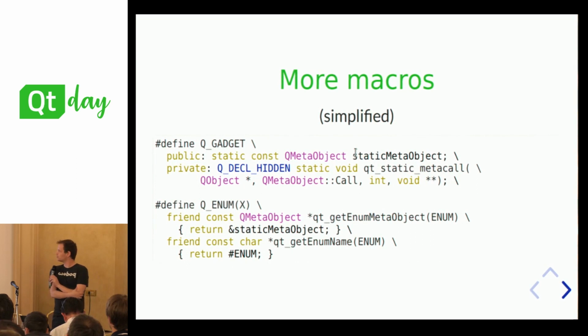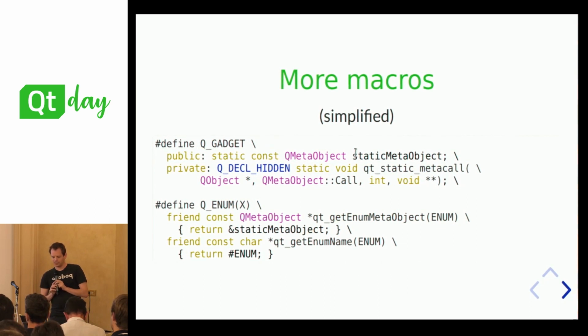And the other macro here in this slide is Q_ENUM, which allows you, when you want to debug an enumeration, to write QDebug and then the value of some enumeration, and then it will print on the console which enum value it is, in strings.